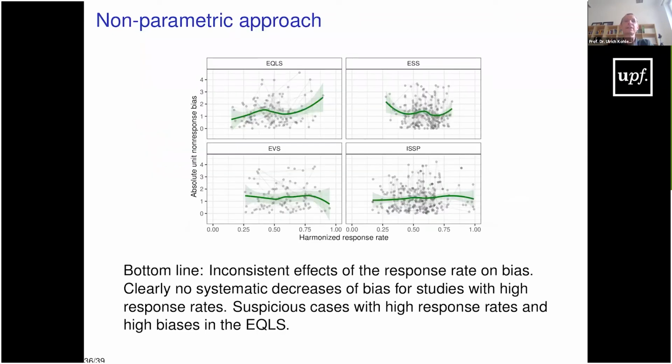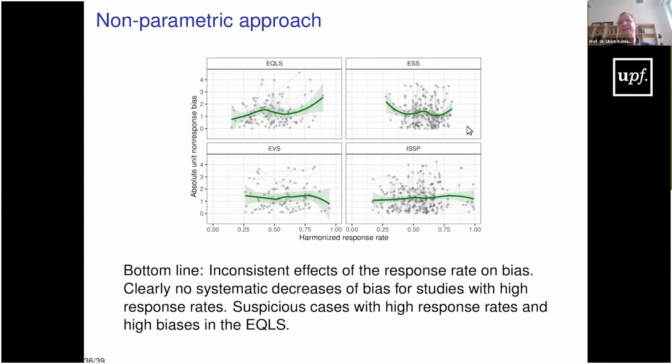And finally, here is the result on the total effect of the harmonized response rate on the absolute unit non-response bias. We don't see consistent effects of the response rates on bias. So we see here in the EQLS that the non-response bias kind of increases with larger response rates. So that's the other direction than you would expect.